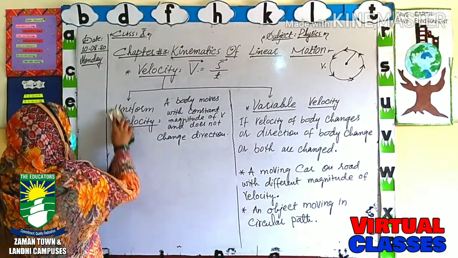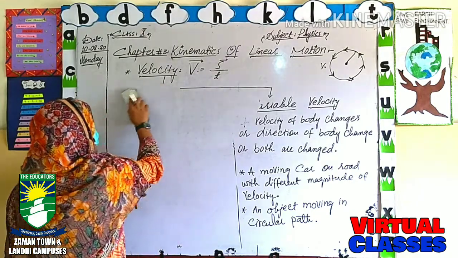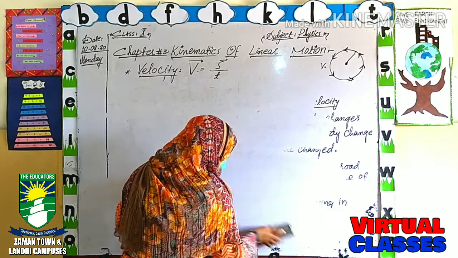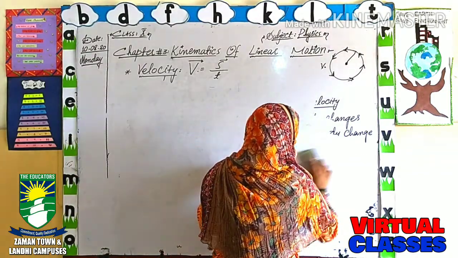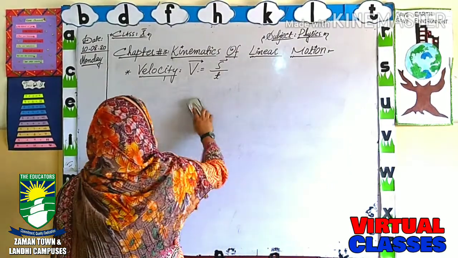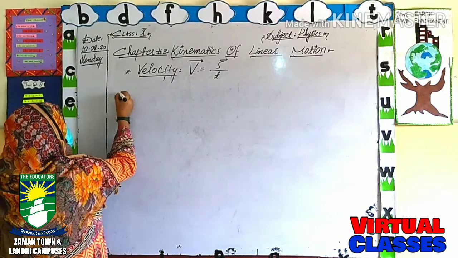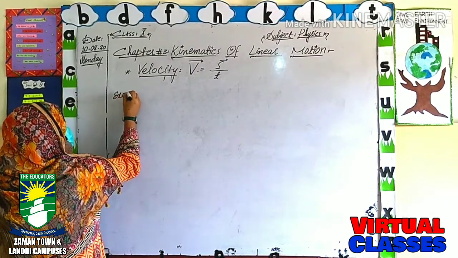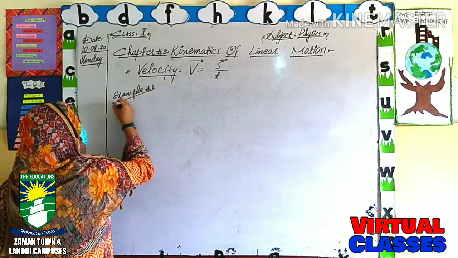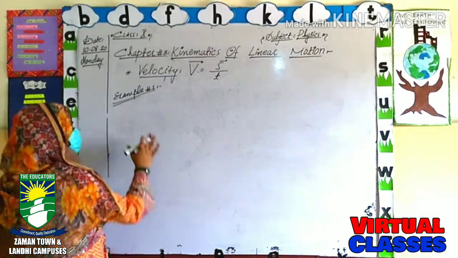Now we have a numerical. Through an example, I am going to tell you how you can calculate the velocity. Now suppose we have example number 1. I'm not writing this example from a book or anywhere, I am just writing it on my own.